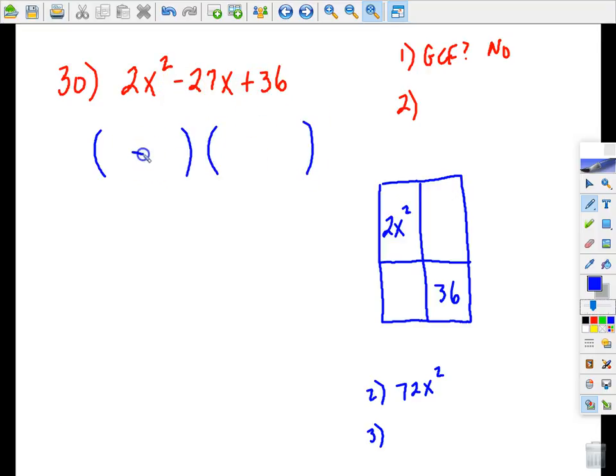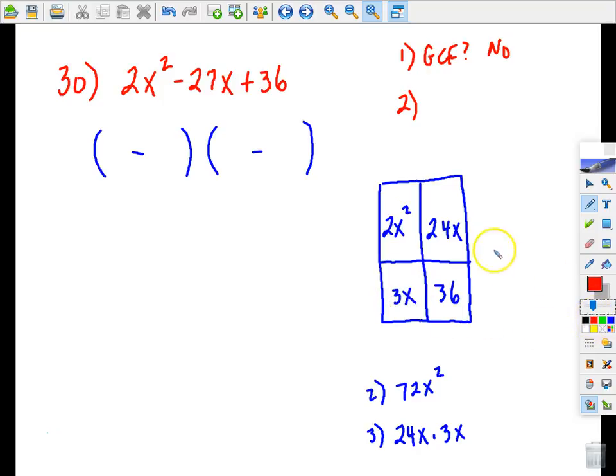So I'm just going to put the minus signs in my answer because I know that's what the signs have to be, and I'm not going to worry about putting negatives in here. Let's just think of it in a positive way. What are the factors of 72x squared that add up to 27x? Well, that would be 24x times 3x. When you find those 2 factors, fill in your other squares.